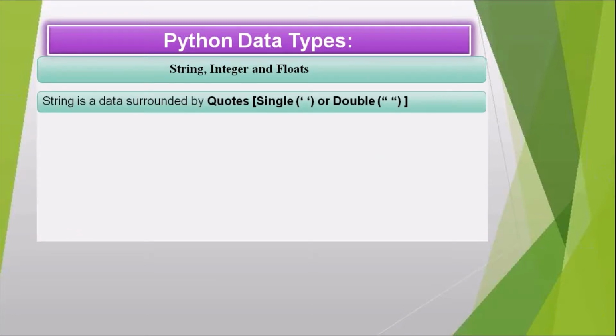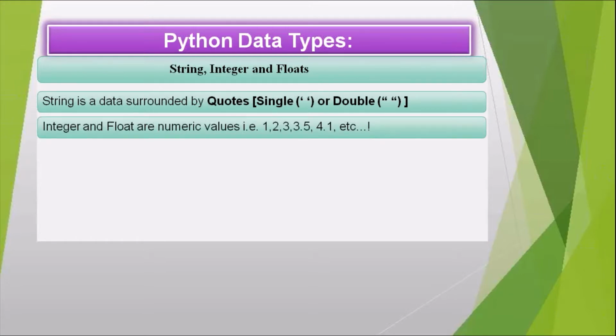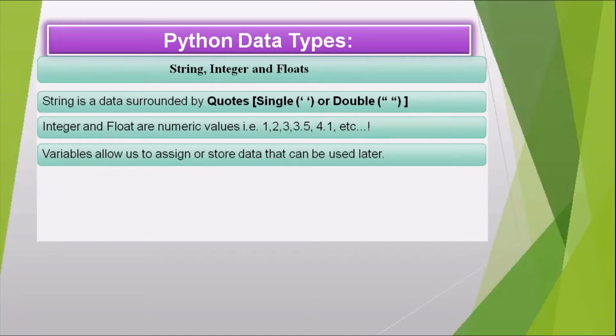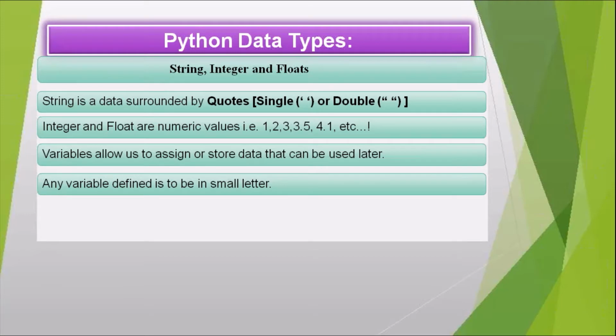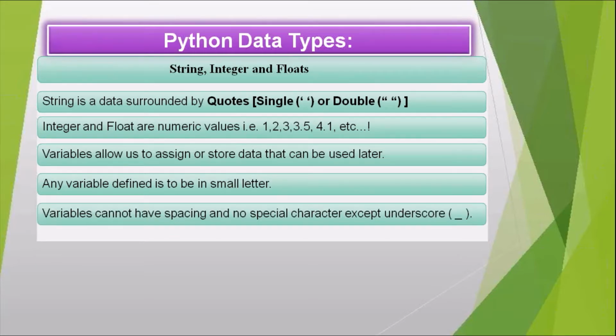Integer and float are numeric values, that is 1, 2, 3, 4 are integers and 4.1 is a float. Variables allow us to assign or store data that can be used later on. Any variable defined should be in small letters. Yes, very important. You cannot define a variable with spacing or special characters. It can have an underscore as an exception. We can start with an underscore, but no spacing, no special characters.